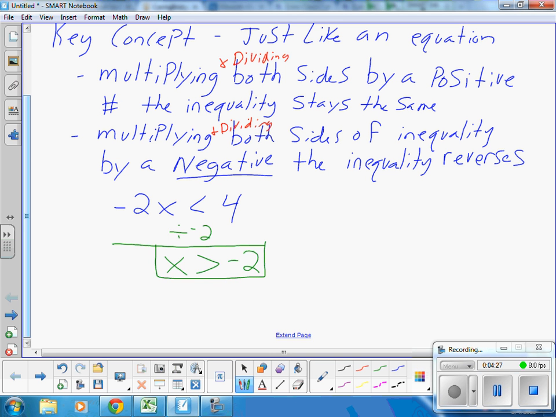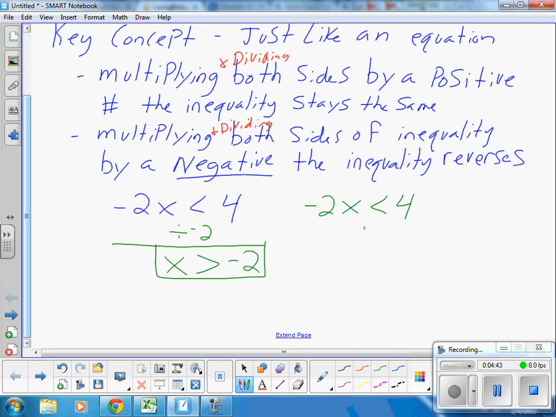Why is that? Watch carefully. Negative 2x is less than 4. Wrote the same thing down. Now, I don't want to divide by a negative 2. So I'm going to add a 2x to both sides.